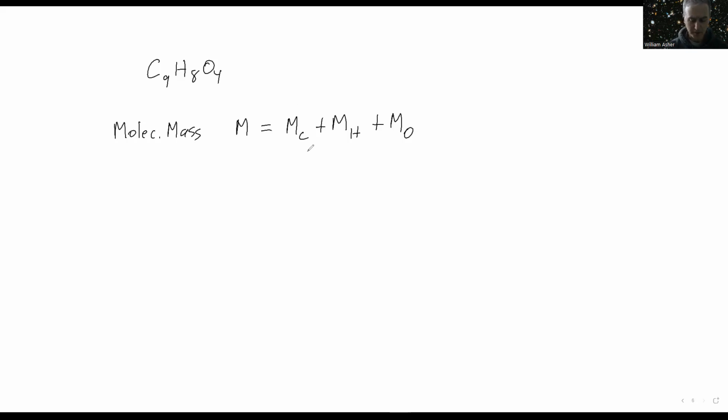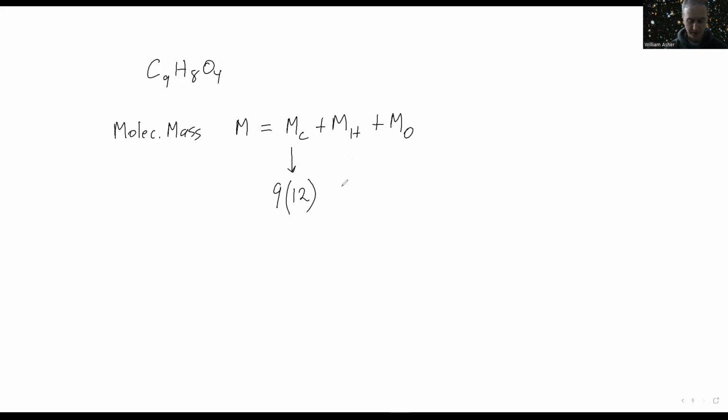And so what's the mass of carbon? Well, the mass of carbon is equal to the number of carbons, which is 9, times the atomic mass of carbon, which I'll just take as 12 for simplicity here, because carbon is about 12, right?